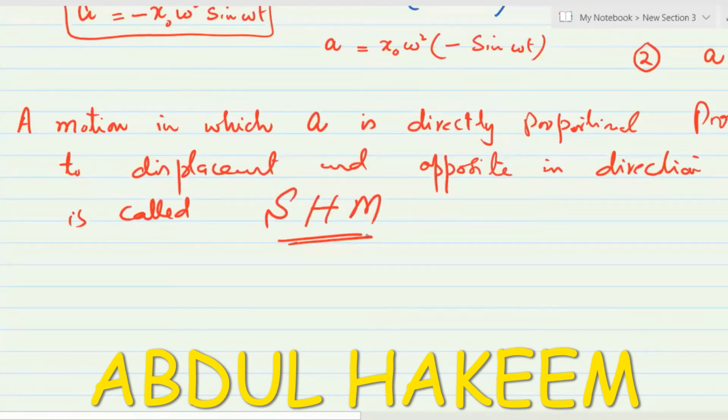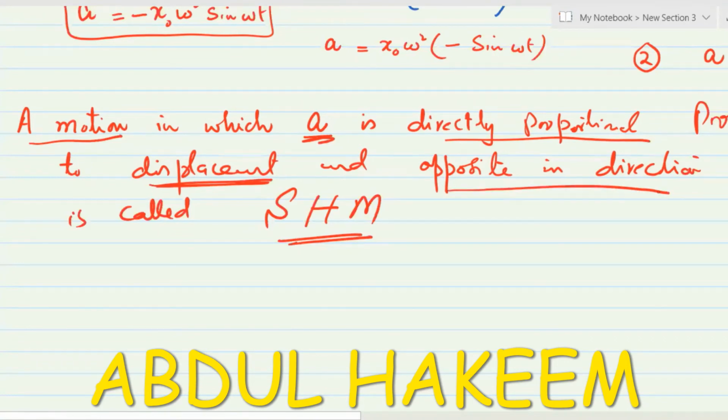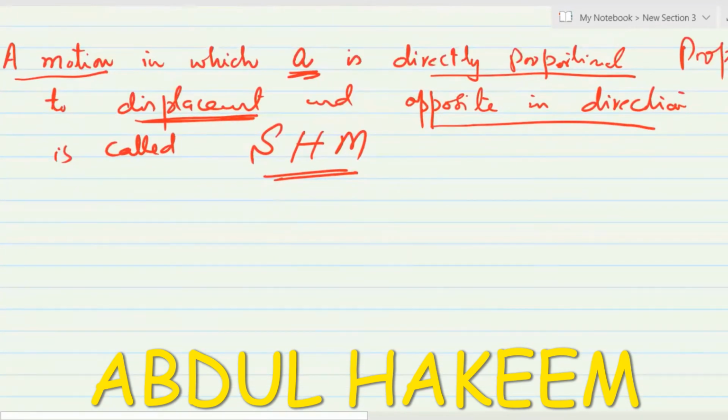So I repeat, a motion in which acceleration is directly proportional to displacement but opposite in direction is called simple harmonic motion. Mean a and x both are directly proportional, but they are opposite in direction. So this is the sign for directly proportional, this is the sign for the opposite direction.